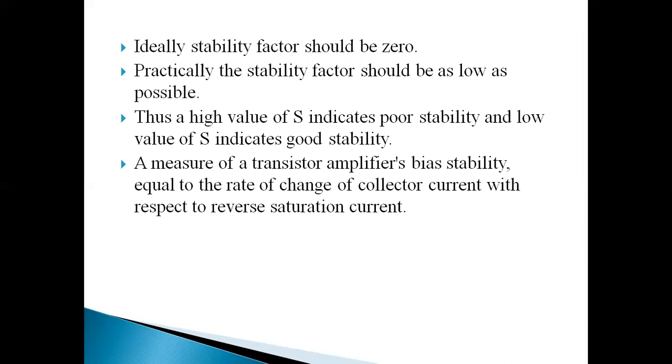Thus, a high value of stability factor indicates poor stability and a low value indicates good stability. So it is a measure of a transistor amplifier's bias stability, equal to the rate of change of collector current with respect to reverse saturation current.